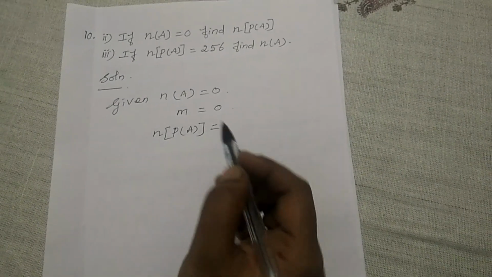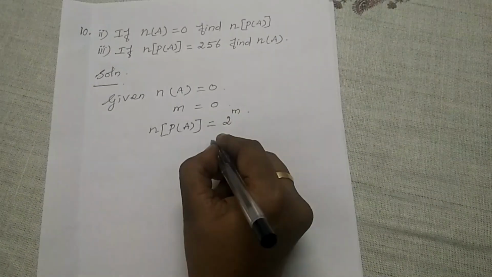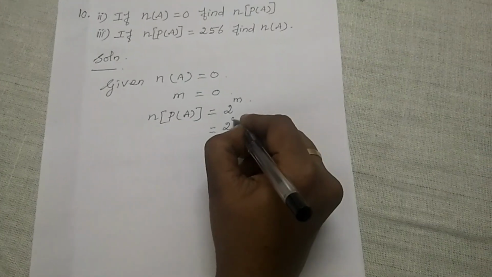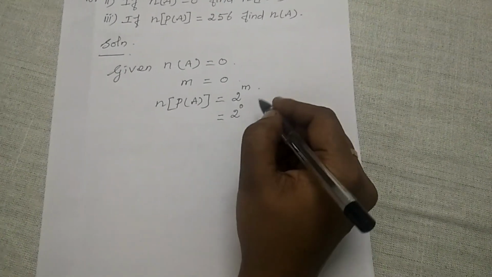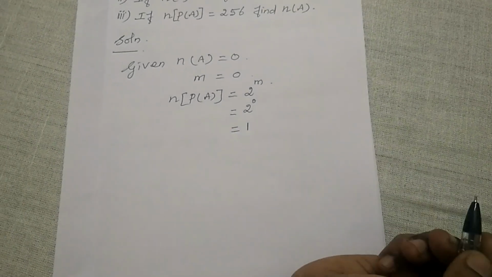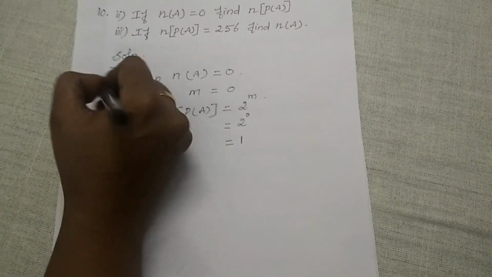Number of subsets is equal to what's the formula? 2 power m. Isn't it? Then equal to 2 power, m value is 0. Any number power 0, what's the answer? Yes, very good, 1. Okay, the next one, this is second question.